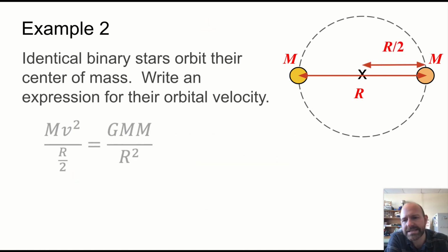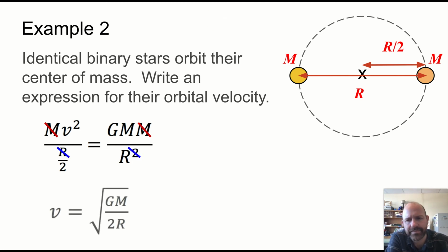So we need to replace this with mv squared over r/2 equals GMm over r squared. Now, one of the masses cancels out, and we end up with v equals the square root of GM over 2r, basically giving us a slightly different answer than we would get for just an object orbiting a central mass.